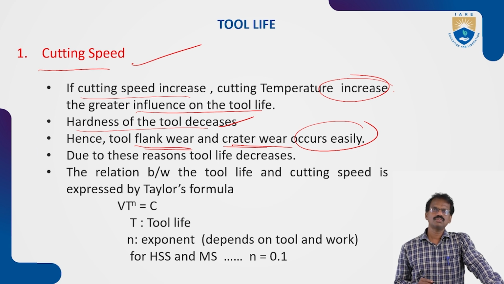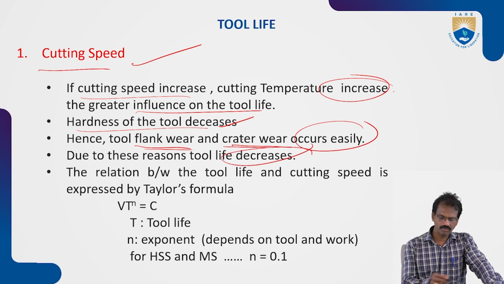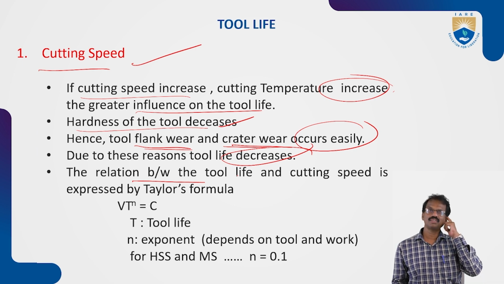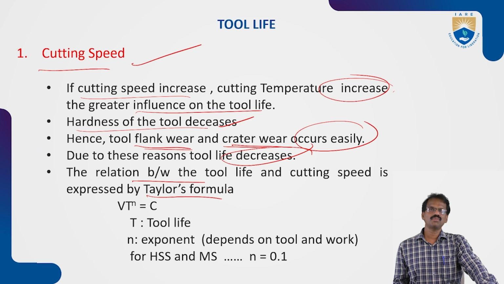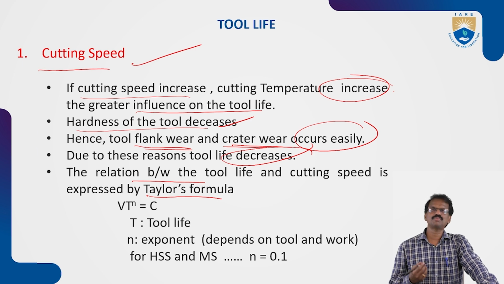Due to these reasons, tool life also decreases. The relationship between the tool life and the cutting speed is expressed by Taylor. Taylor has given one formula to understand the relation between the velocity or cutting speed and the life of the tool.